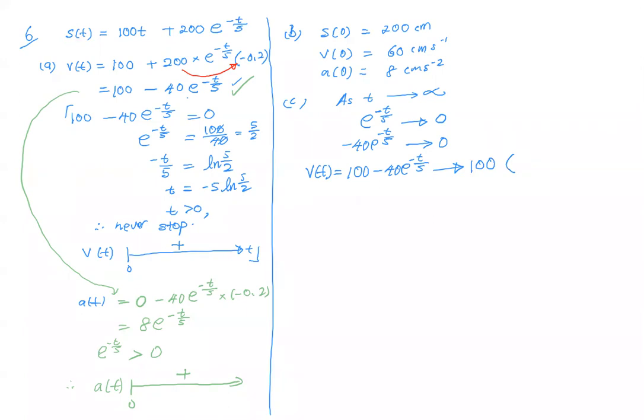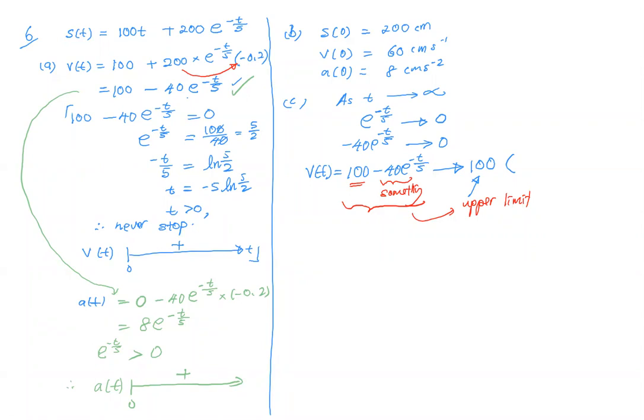Is this the upper limit or the lower limit? Look carefully. It's 100 minus something. Is it the upper limit of v(t) or the lower limit? Upper limit. If it's the upper limit, this is the highest, am I right?